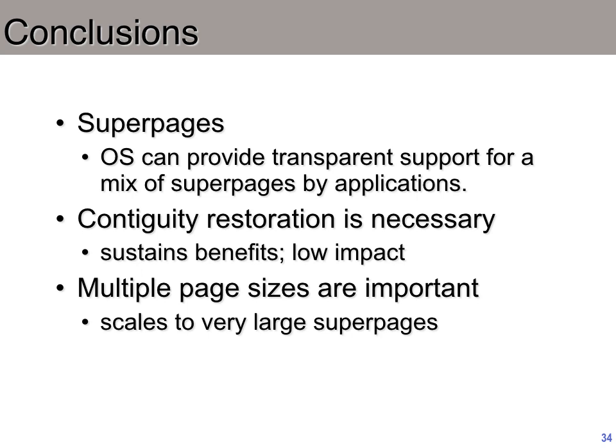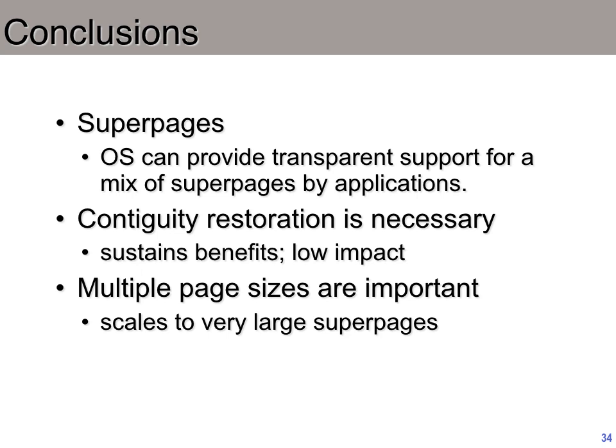In conclusion, this work demonstrates that superpages can be transparently supported for user level applications. The contribution of this paper is not just in proposing solutions, but also in identifying the problems and putting them in this framework, saying that the OS has to address the allocation, promotion, demotion, and fragmentation control problem.